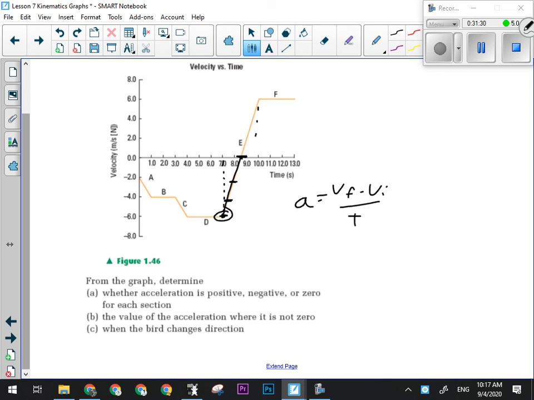This graph looks the same as a velocity versus time graph of throwing something up in the air. The moment it leaves my hand, the graph will look like this. As soon as it leaves my hand, what is it doing?